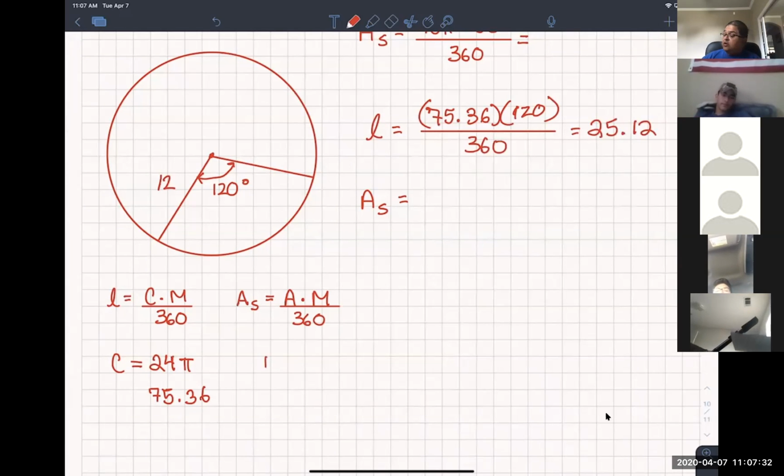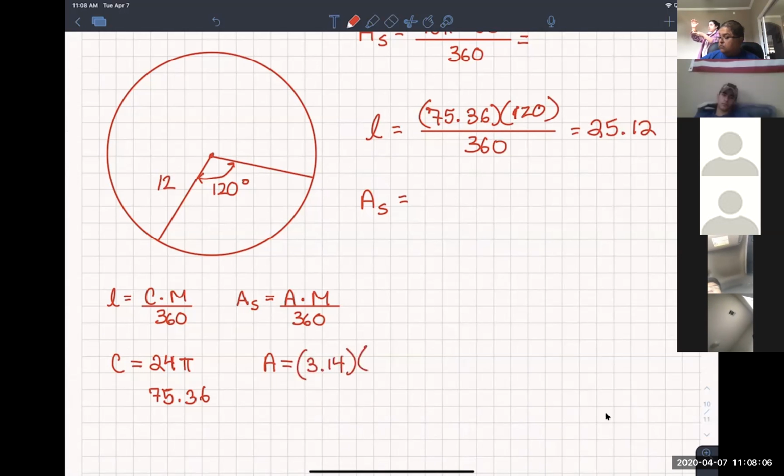What is the area of this circle? 150.72. How'd you get it? I did 3.14 times radius squared, which is 144, times 120 divided by 360.